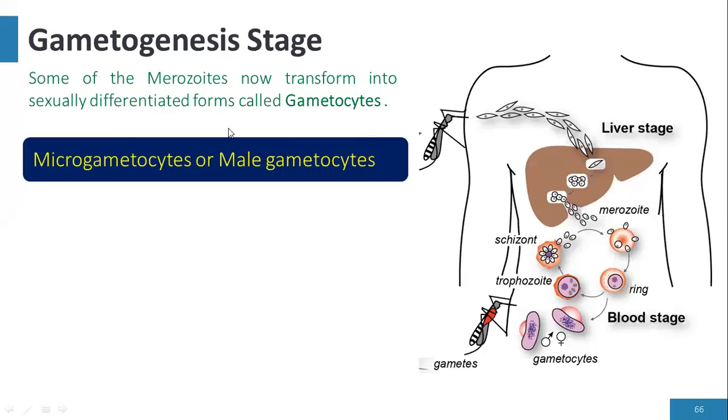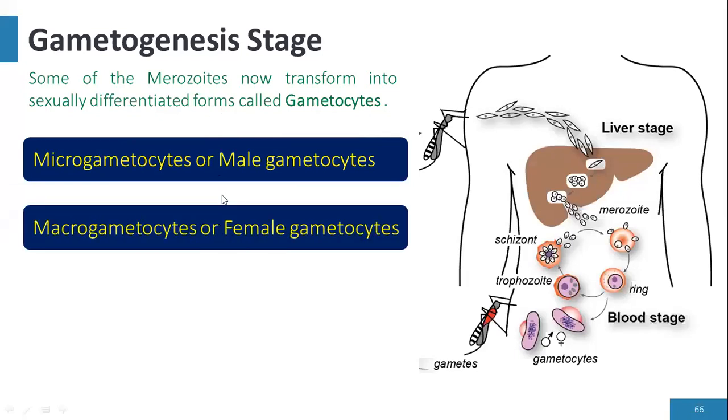During that time, some small gametocytes are formed, which we call microgametocytes or male gametocytes, and some become larger, called macrogametocytes or female gametocytes. So look here, there are two types of gametocytes formed. Remember, these are not gametes.